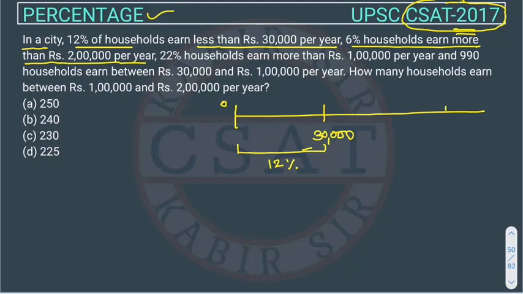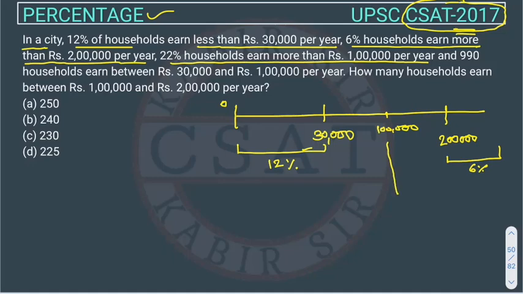6% of households earn more than 2 lakhs per year, right? So suppose here we have 2 lakhs. So what is given? How many households are earning more than 2 lakhs? This is 6%, right? 22% of households earn more than 1 lakh per year. Now here will be 1 lakh. So the percentage of people earning more than 1 lakh is given.